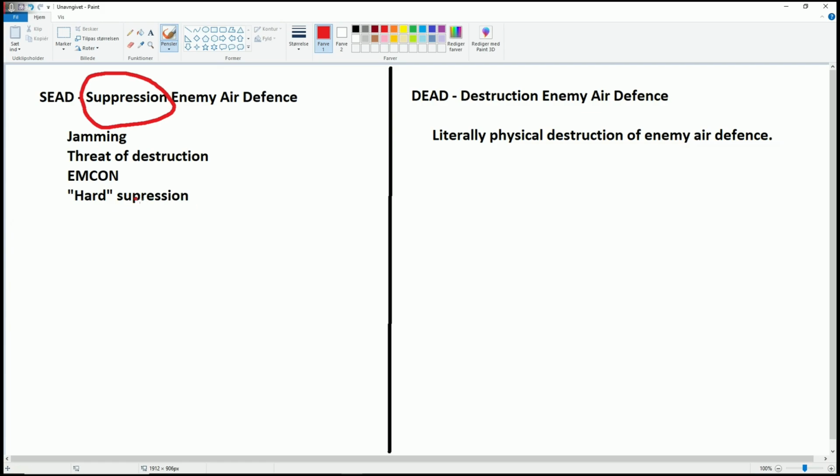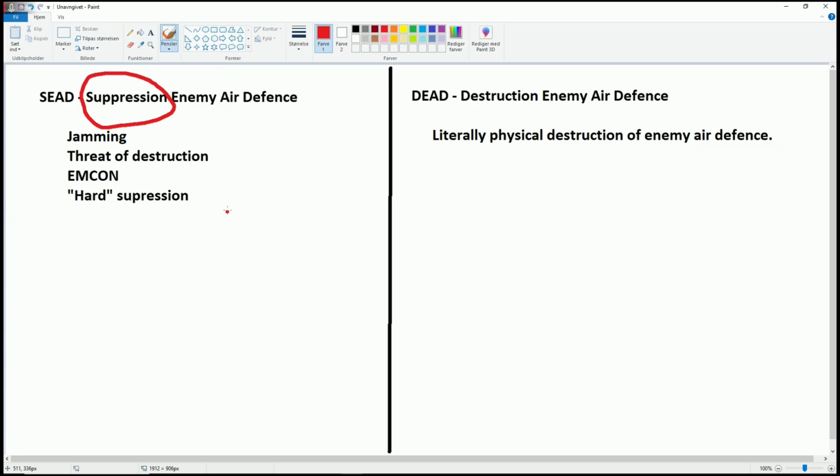Then you have hard suppression, and I misspelled that, I believe. Hard suppression is like we have a Prowler, EA-6B Prowler, up in there. It has HARMs or anything like that on it. Radar locks on it. They fire a HARM. The purpose is not to destroy the radar. The purpose is to break that lock.